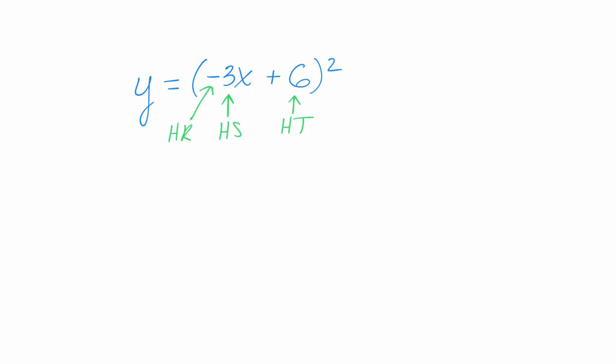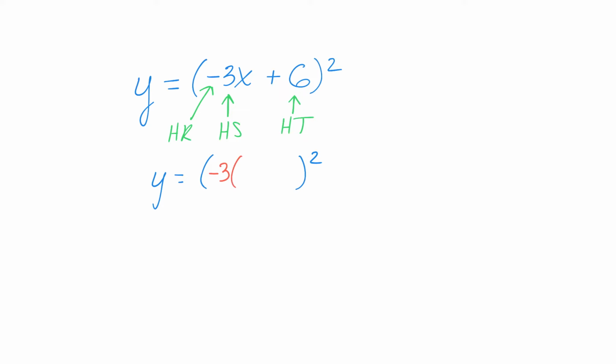If you were to look at that bracket and ask yourself what to factor, the answer would be what? Negative 3, right? So we're going to do this double bracket situation again. We still have y equals with brackets and an exponent, but we're going to add a second set of brackets and factor out the negative 3.